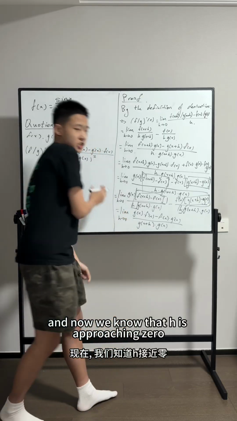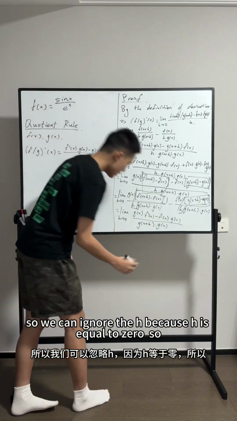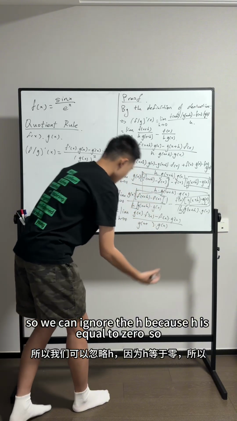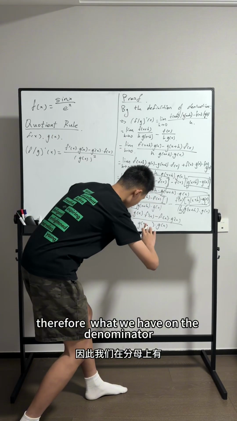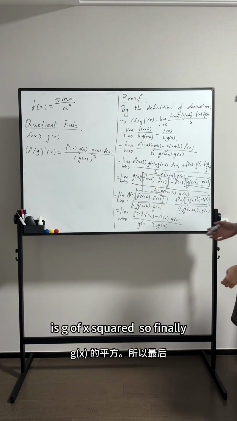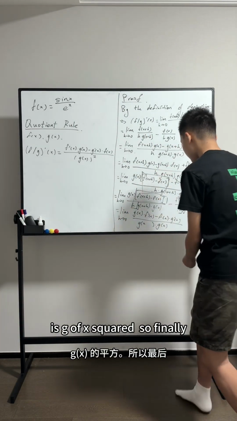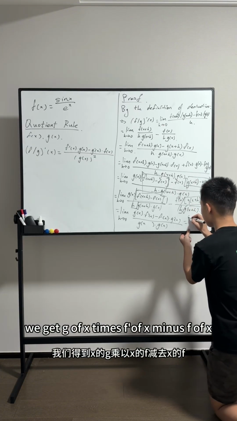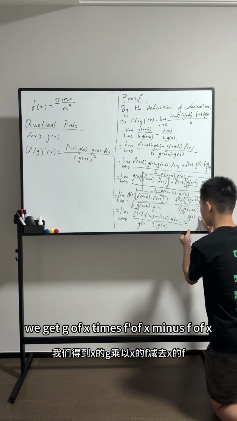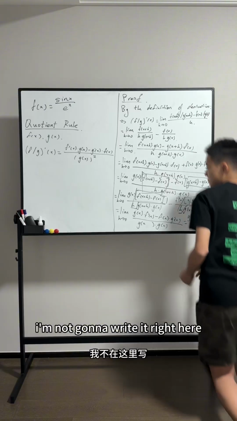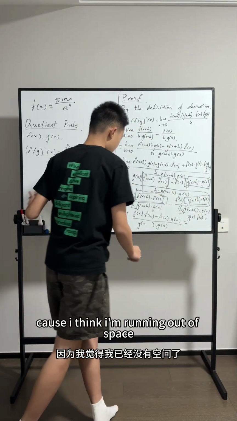And now we know that h is approaching 0, so we can ignore the h because h is equal to 0. So therefore, what we have on the denominator is g of x squared. So finally, we get g of x times f prime of x minus f of x. You know what? I'm not going to write it right here because I think I'm running out of space.